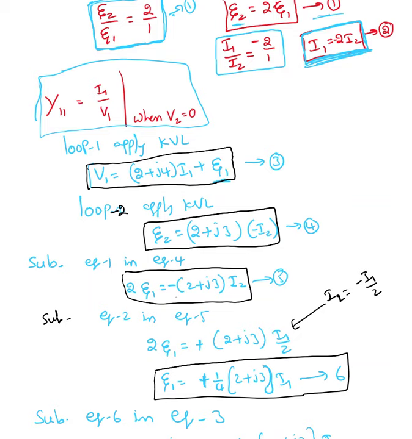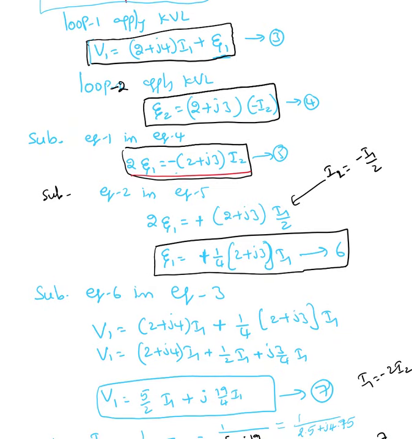So I will end up with 2E1 equal to (2 plus j3) I1 over 2. Now if I simplify a little bit, E1 equals the simplified expression.